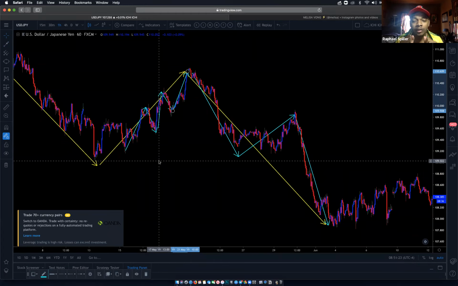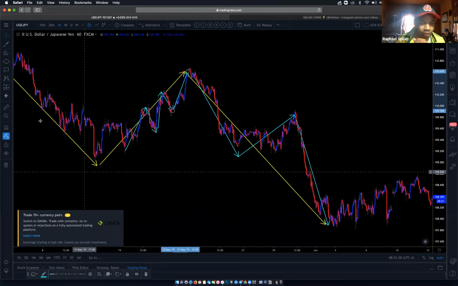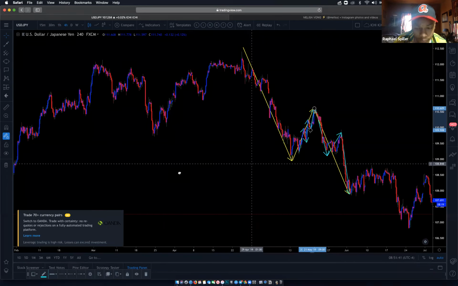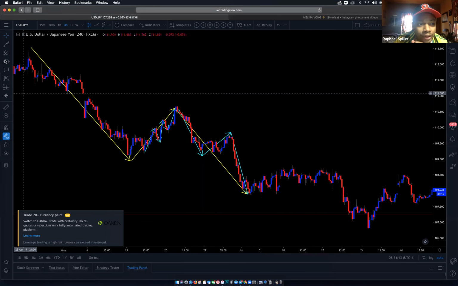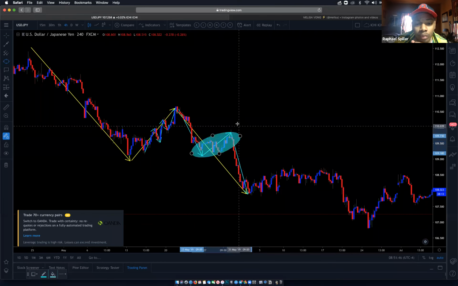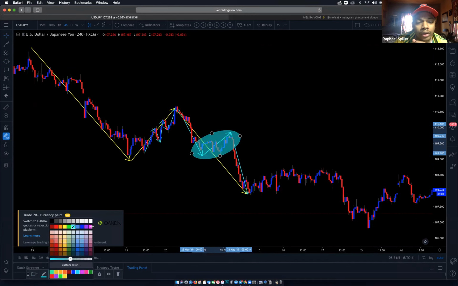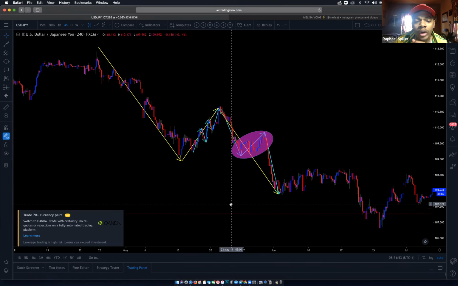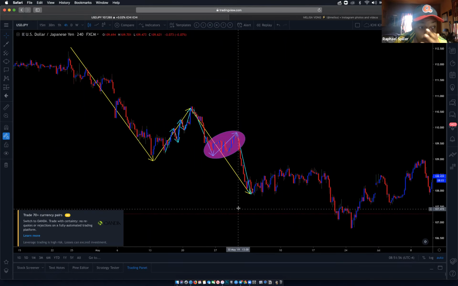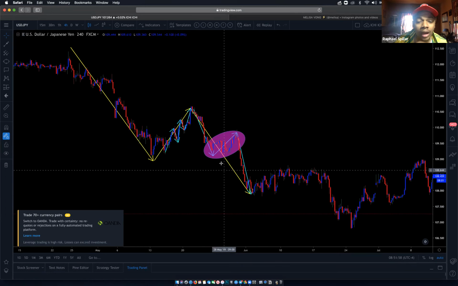It has to be easy for you. Anything that looks small compared to the time frame you're looking at is a lower time frame move. So this area right here is a small pullback compared to the areas that I've already drawn in yellow. That's a smaller time frame move.